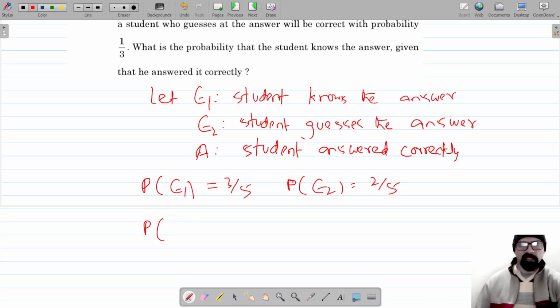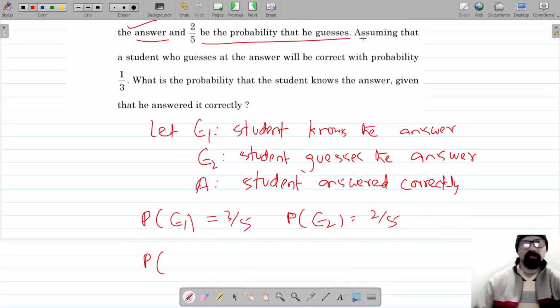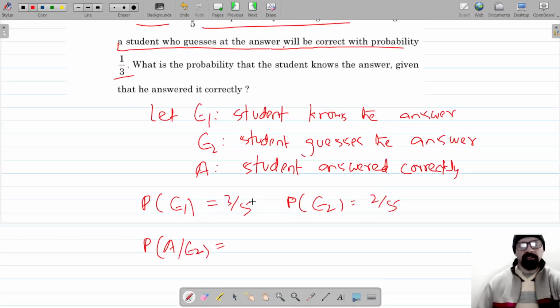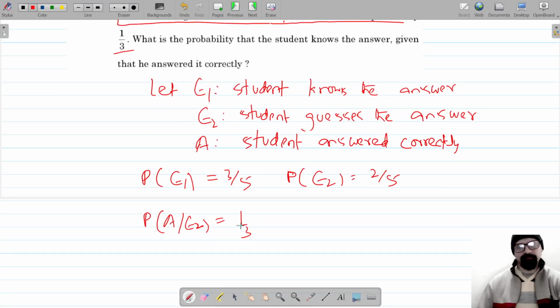So assuming इसमें दिया है कि the student who guesses, student guess कर रहा है, and the answer will be correct with probability 1/3. तो student ने guess किया और answer भी correct. Answer is correct when student guesses और उसकी probability है 1/3. So this is the probability 1/3.